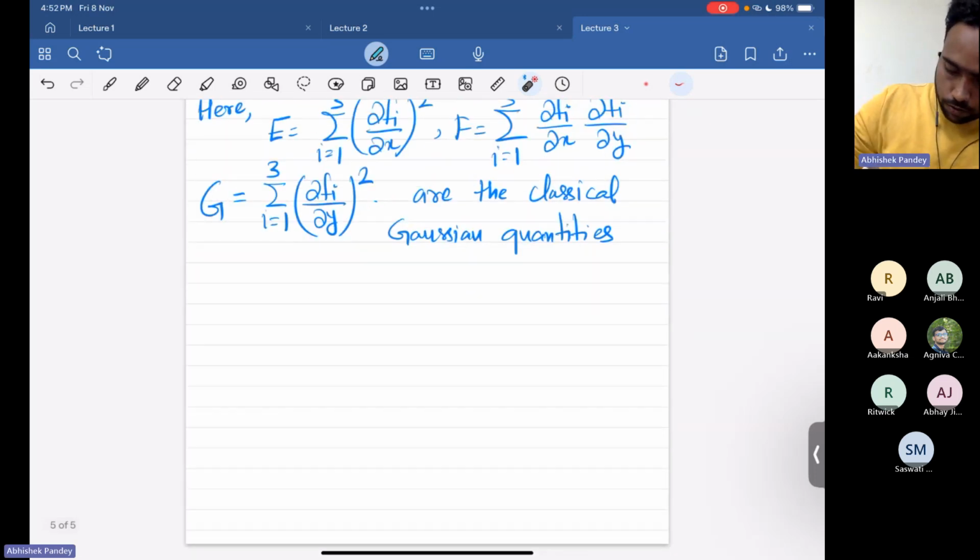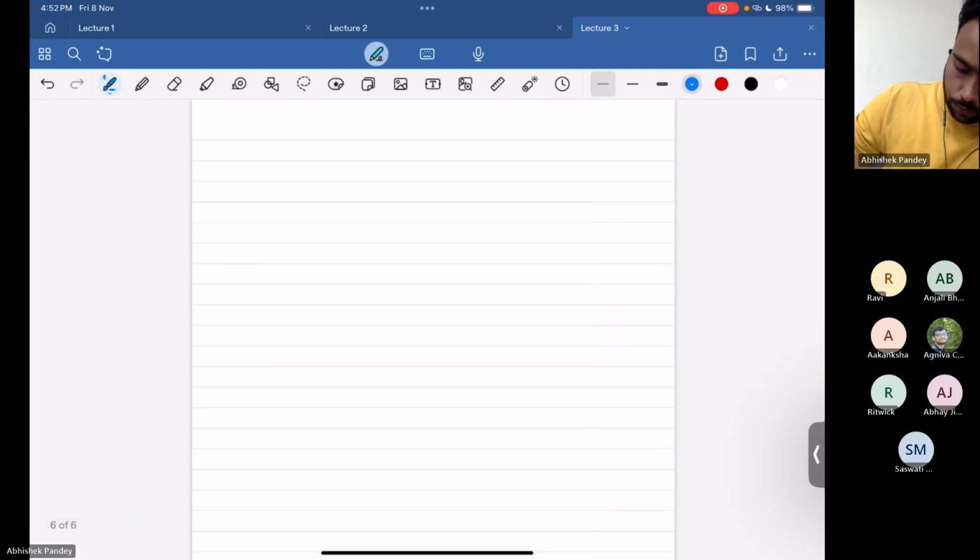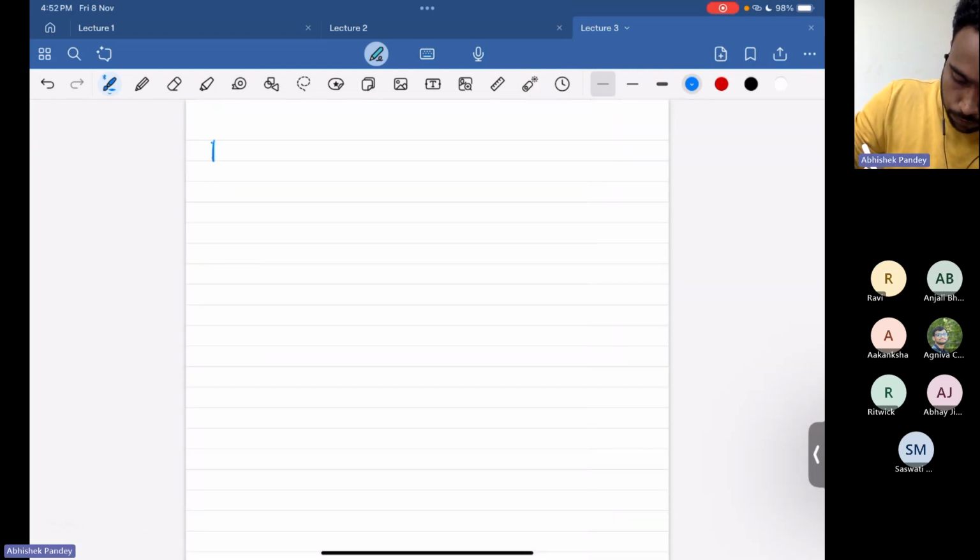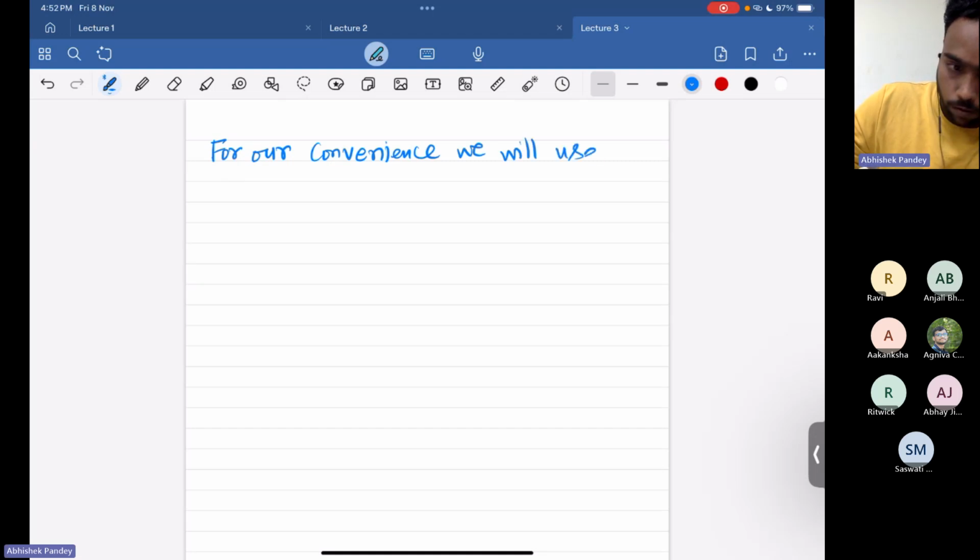So for our convenience, we will use complex notations, even though Gauss did not.